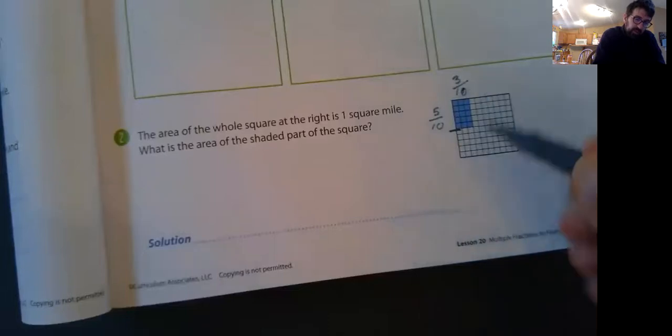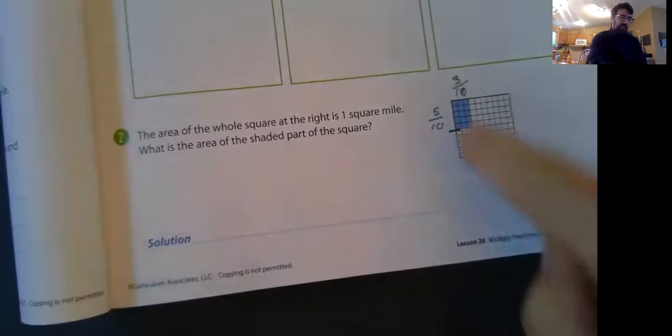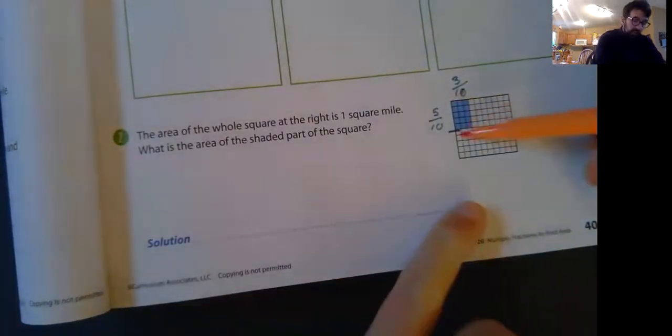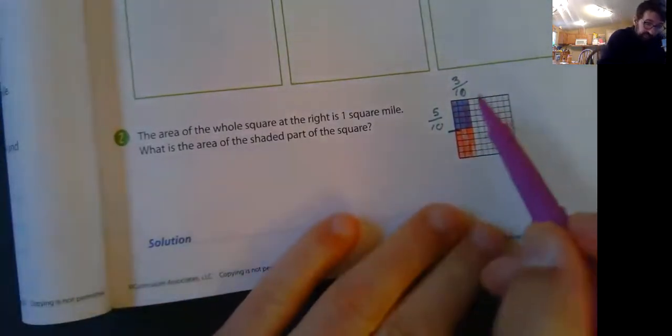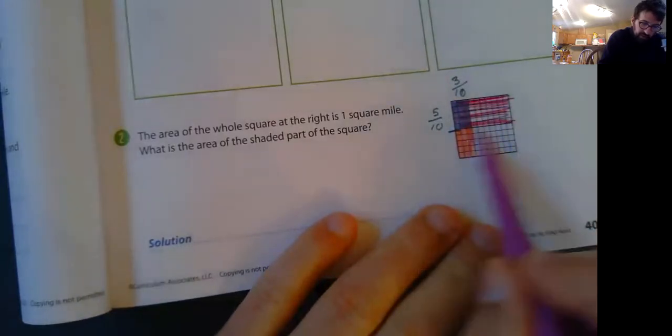Okay. So now some of you guys say, well, Mr. Smarts, 3 complete tenths are not shaded. And I would say, yes, you are right. This is what we've talked about before, how this is all the 3/10, and it'd be multiplied by the 5/10.